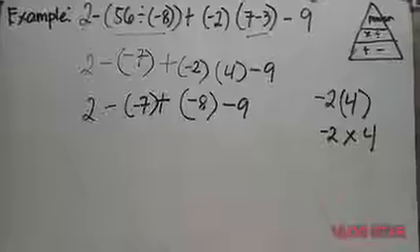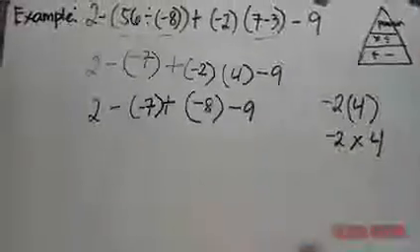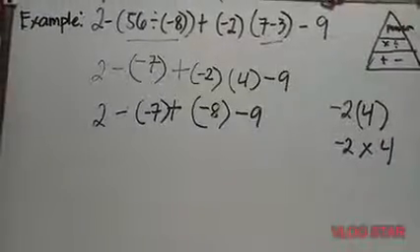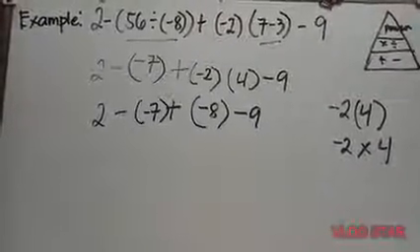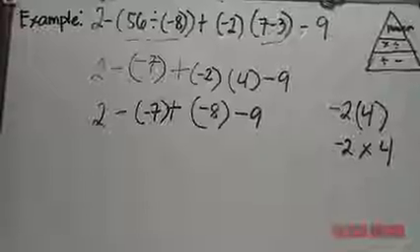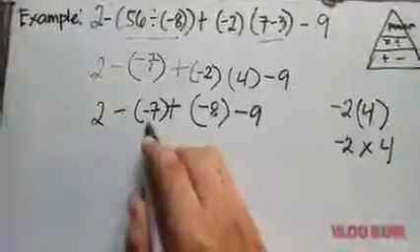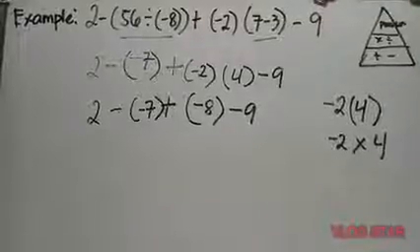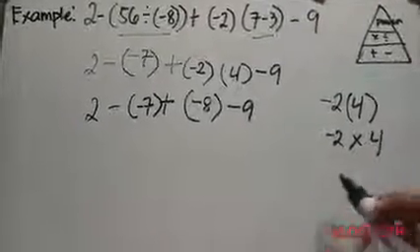So that's it. Then look at the operation. We have subtraction, addition, and subtraction. Since subtraction comes first before addition, then we should subtract it first. 2 minus negative 7. So how should we deal with this one?